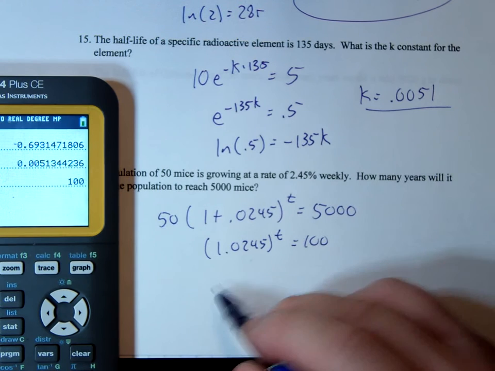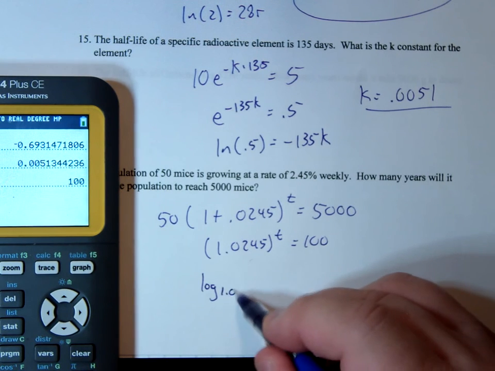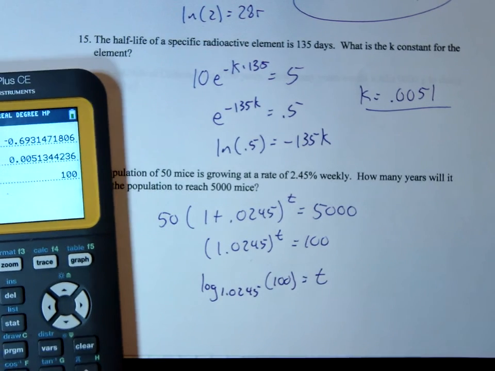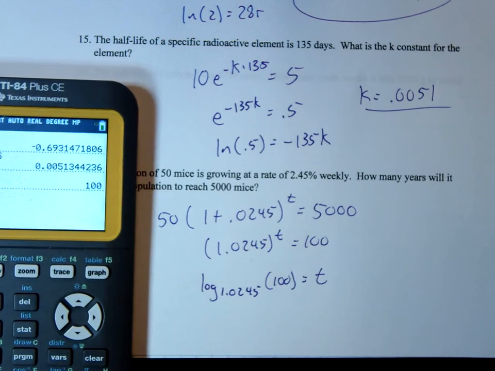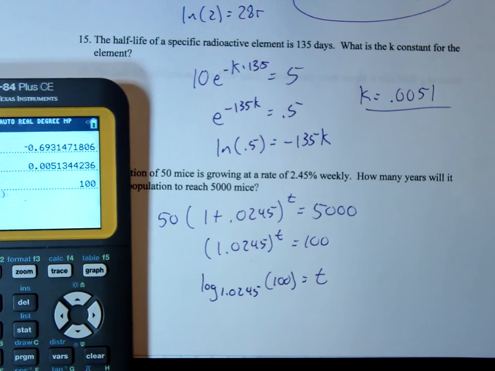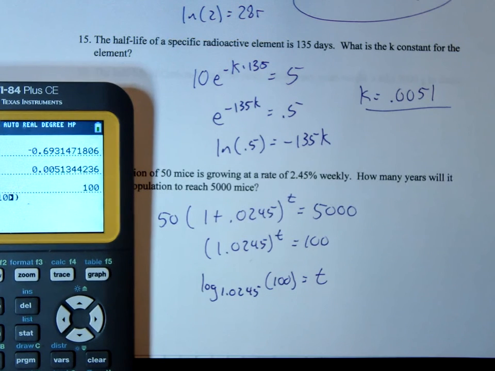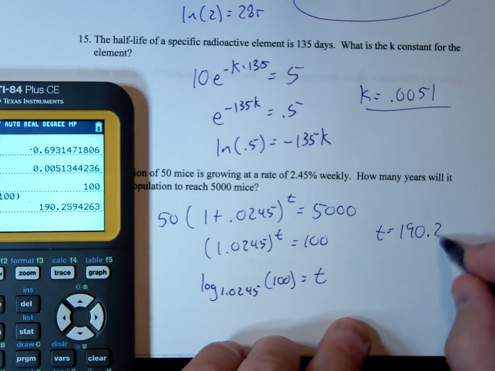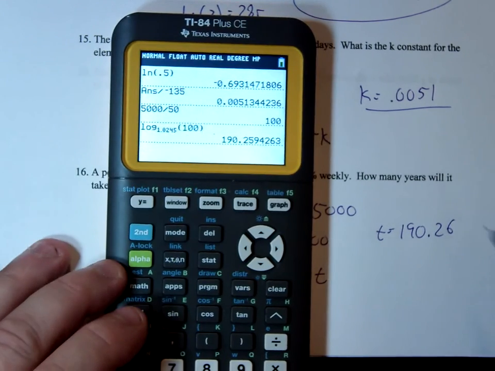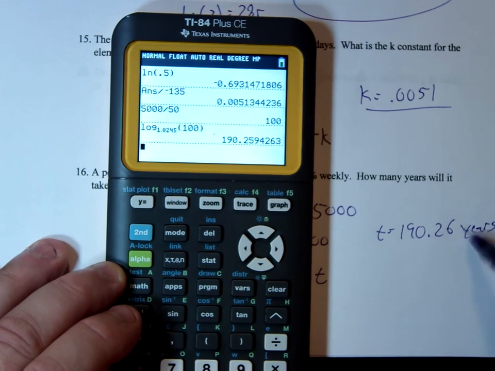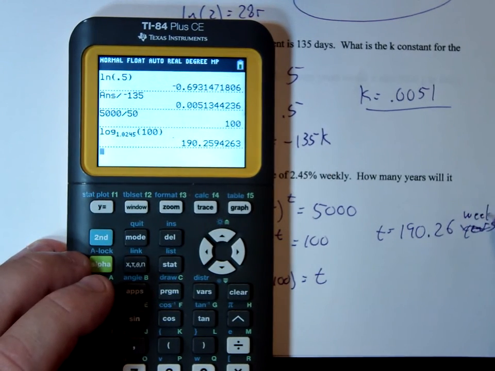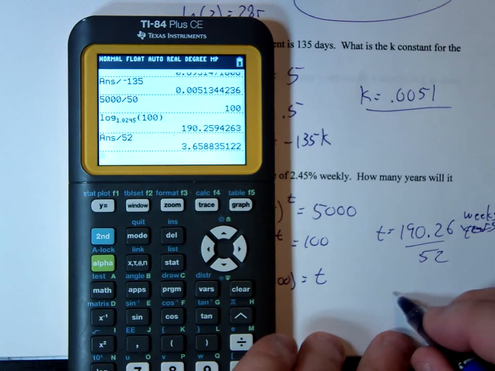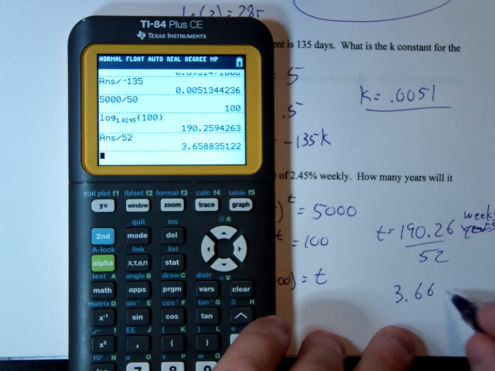So log base 1.0245 of 100 equals t. Math, log base 1.0245 of 100. So that is 190.26, if you round it, years, or I'm sorry, that's weeks. So to get years, divide by 52, weeks in a year. So that is 3.66 years.